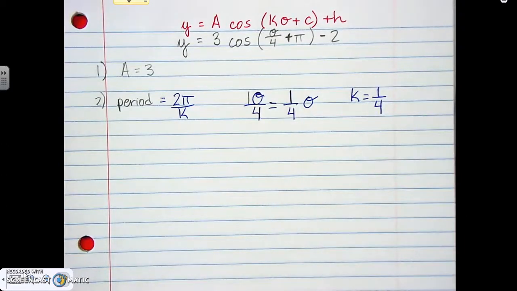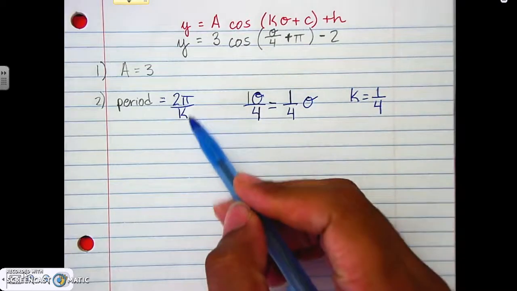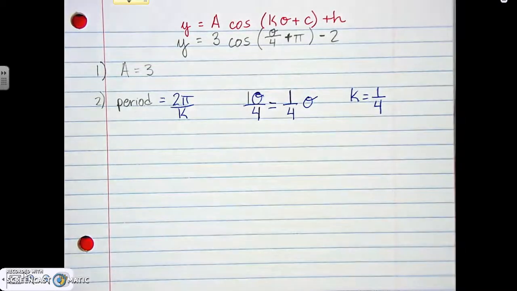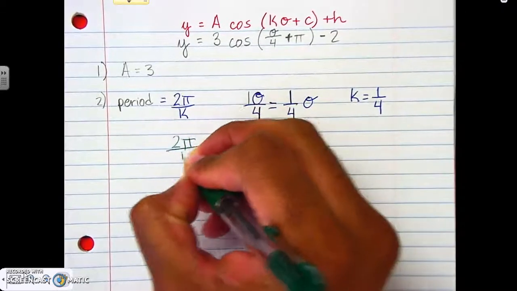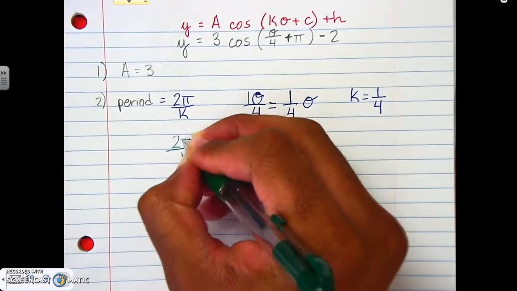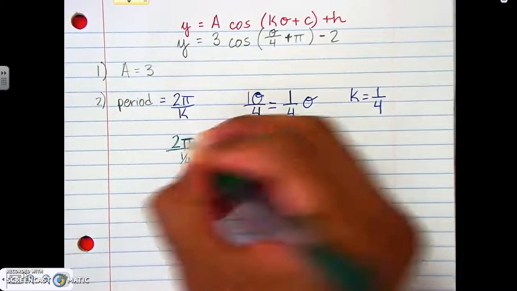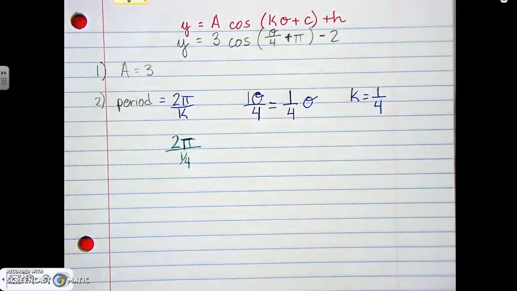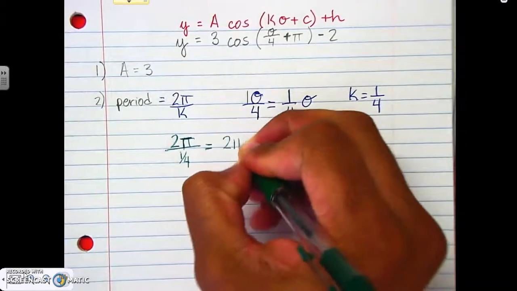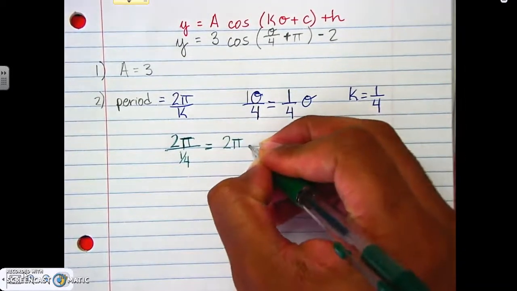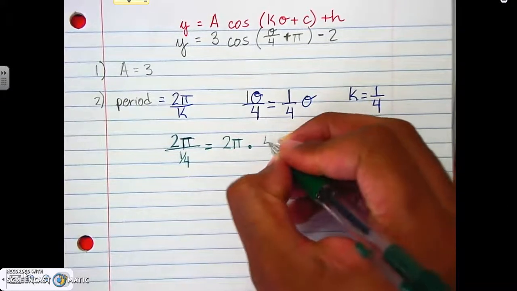Now, to put it into the period formula, it's going to be 2 pi over 1 over 4. And then from there, we do keep, change, flip. So we keep the 2 pi, change the division to multiplication, and we flip this part here.